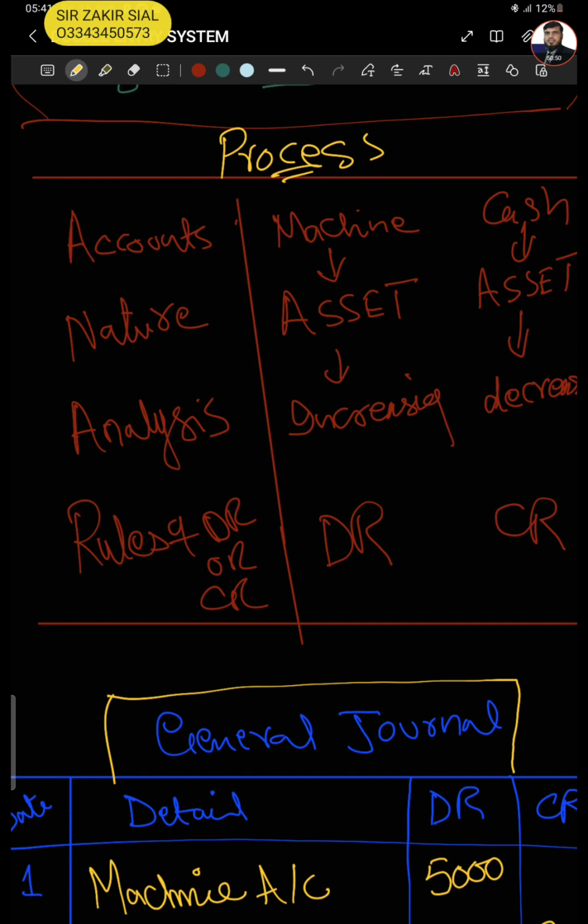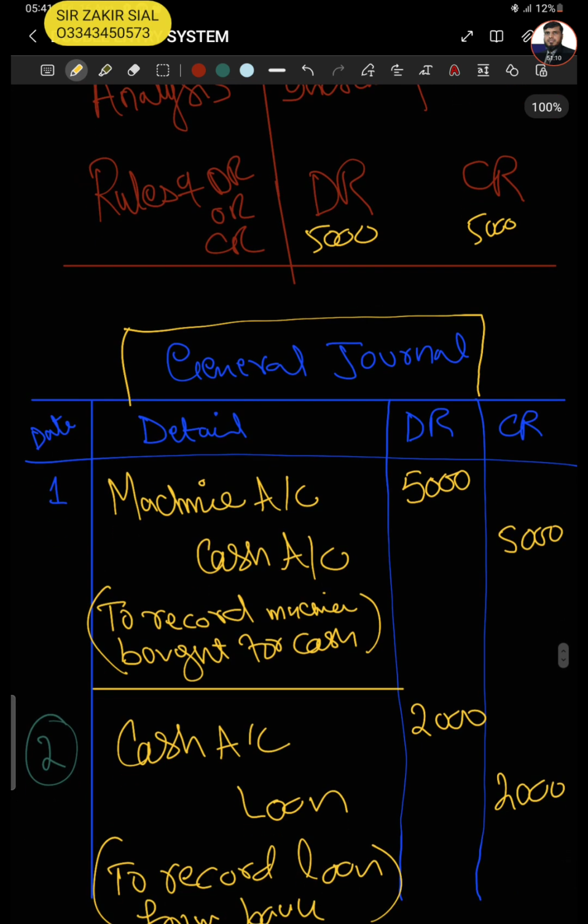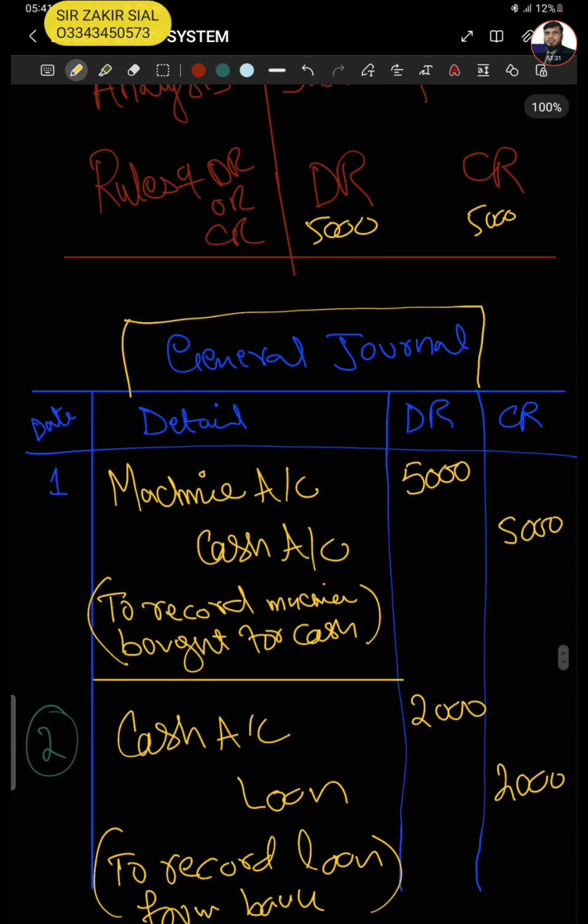In this transaction, machine asset is increasing, so we write on the debit side 5,000. And cash asset is decreasing, and we write on the credit side 5,000. The same transaction, once we have processed, we record in the first day book, the general journal. The first accounting book is called the general journal. You can see the machine account is debited 5,000 in the debit column, and cash account 5,000 in the credit column.